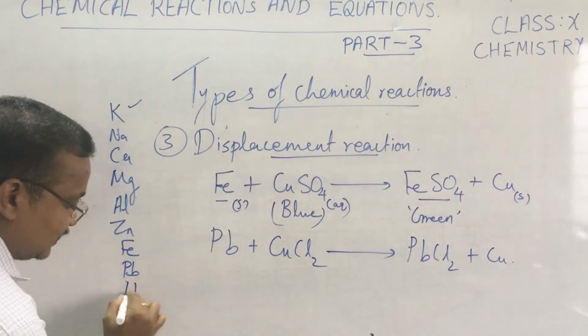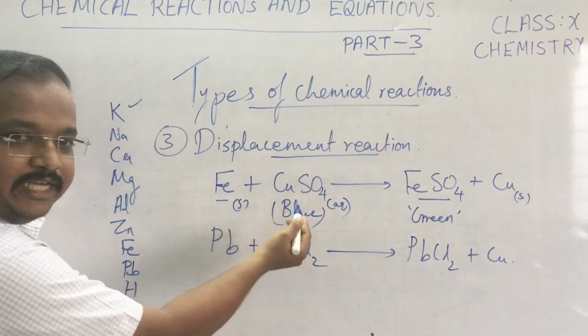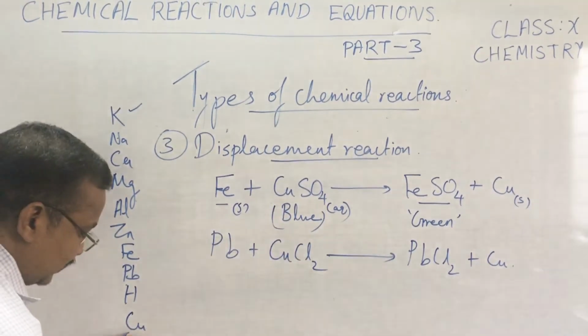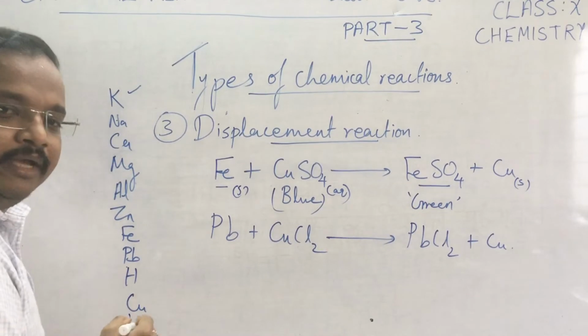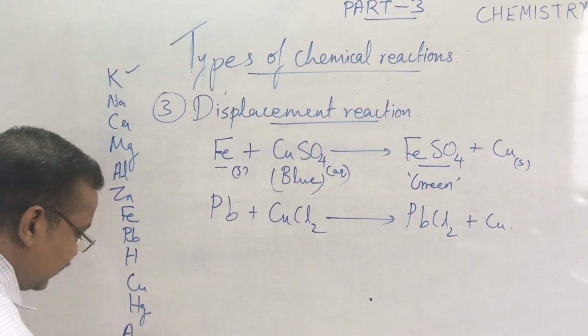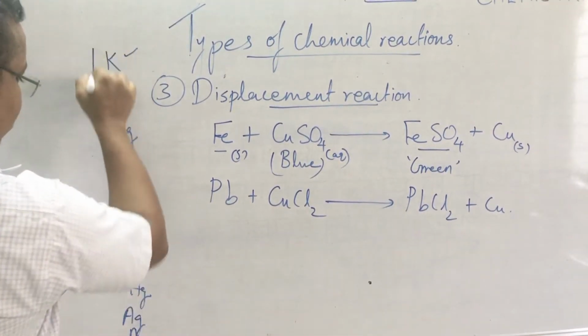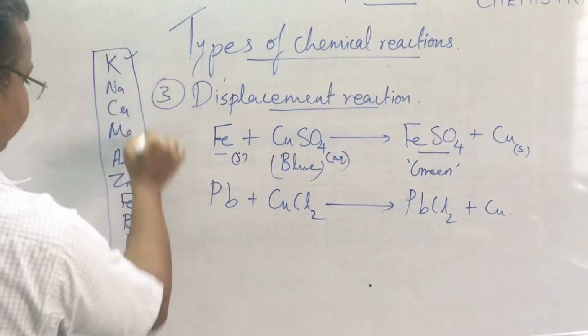Then hydrogen comes. After hydrogen, copper, which we have used here. After copper, mercury, silver, Ag, and gold, Au.